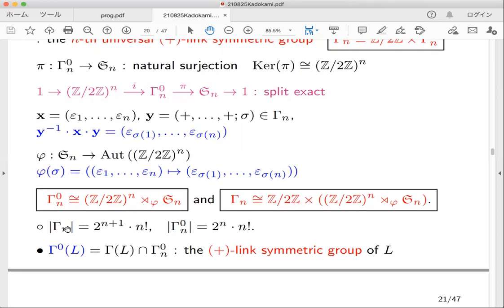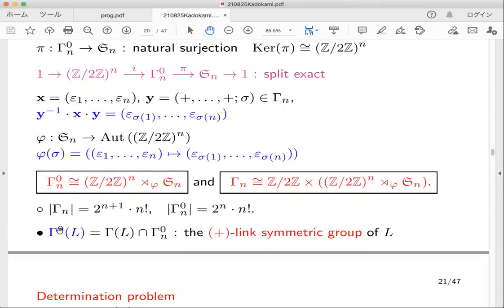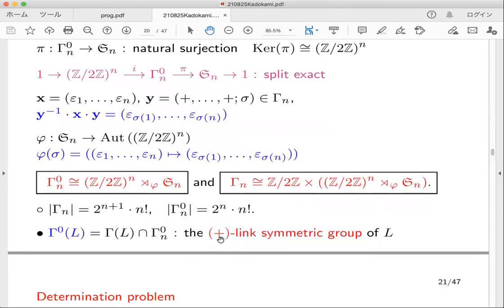The order of gamma n is equal to n plus 1 times n. I forgot to say this character. And we denote gamma 0 L equal to the intersection of gamma L and gamma n0. We call it the plus link symmetric group of L.